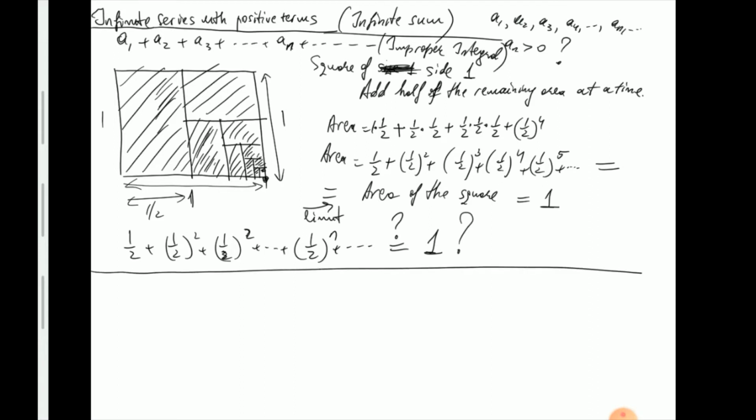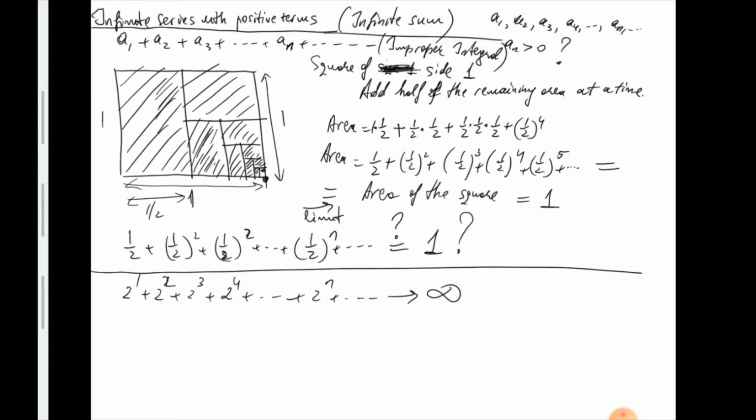On the other hand, it's pretty obvious when that doesn't happen. If I told you that I'm going to add powers of 2, so 2 first, 2 squared, 2 cubed, 2 to the power of 4, 2 to the n, it wouldn't be far-fetched to realize that this goes to infinity. It's not going to approach a finite number, because what you add is much bigger than what you had before.